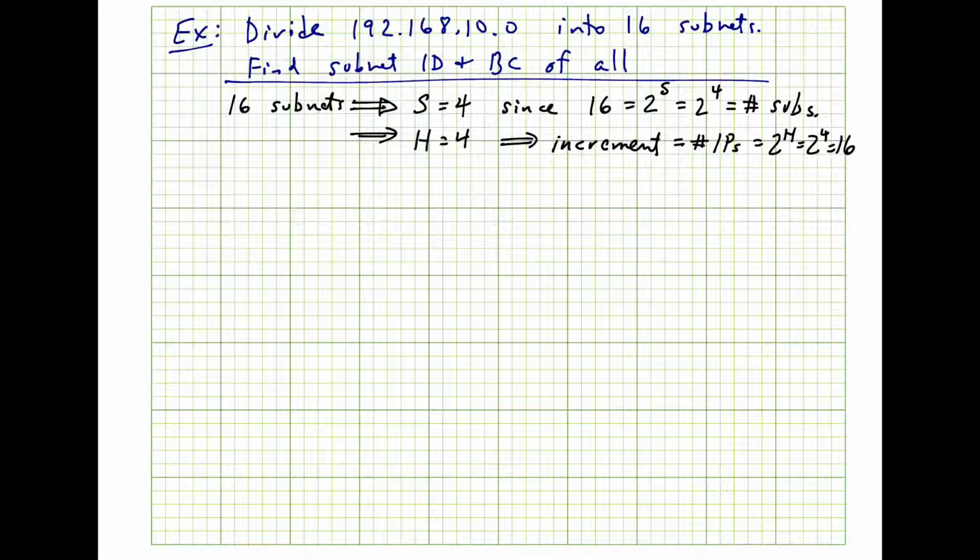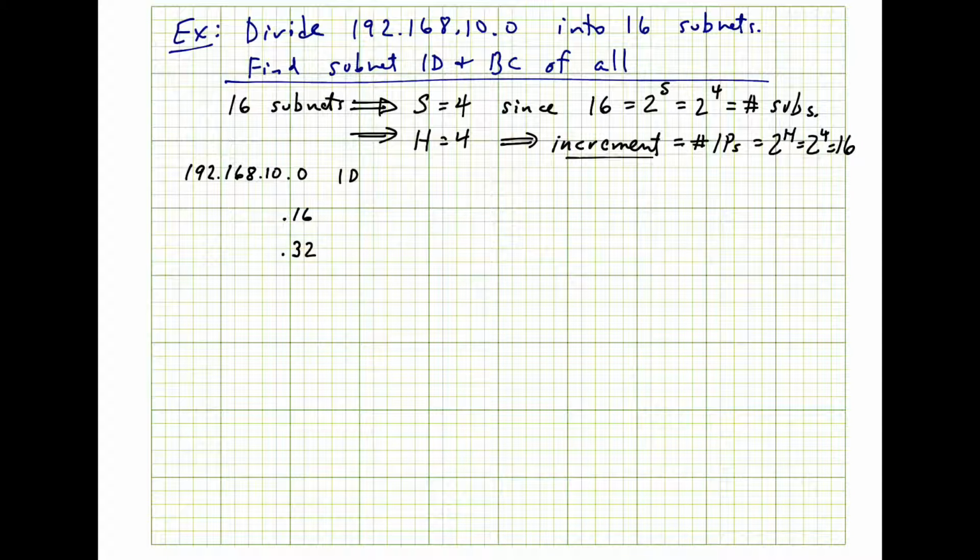And we can now go ahead and write down 192.168.10.0 is the network ID of the first subnet. And I'm going to write down the IDs. .16, .32.